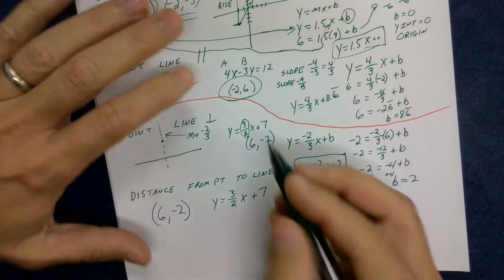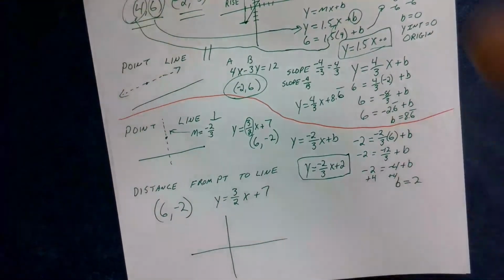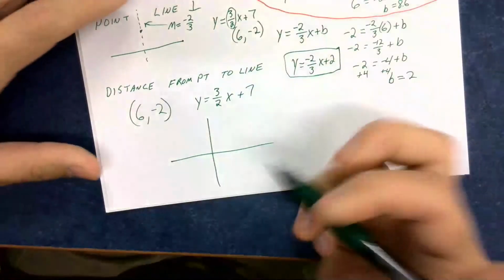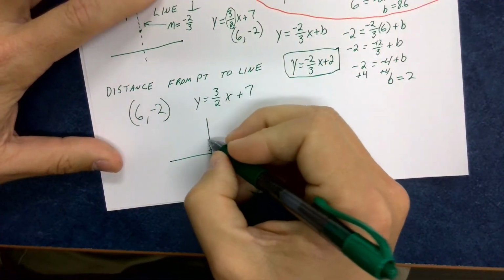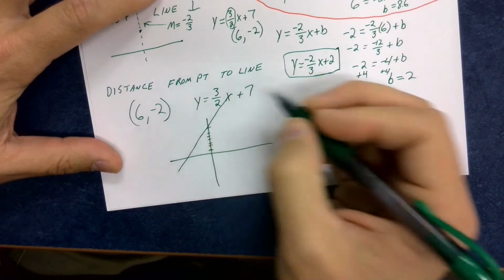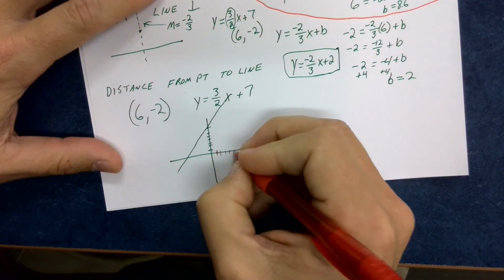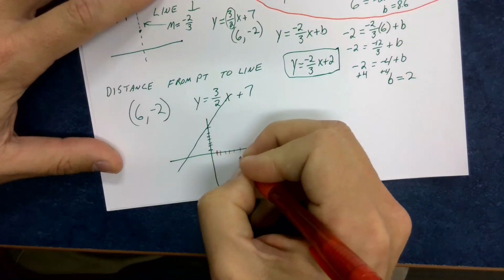Well, I know, right, 3 halves x plus 7. I'm going to do a quick sketch here for it. 3 halves x plus 7. 1, 2, 3, 4, 5, 6, 7, and 3 halves x. So it looks something like this. And this point, 6, negative 2, 1, 2, 3, 4, 5, 6, negative 2, is like right there.